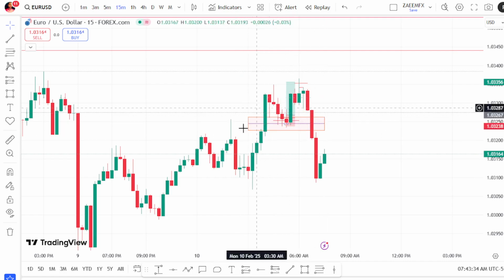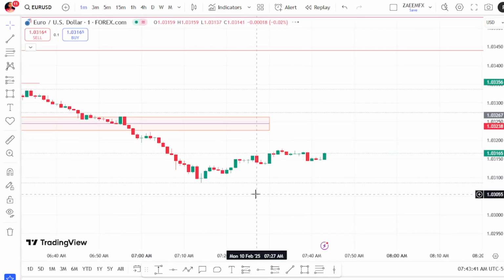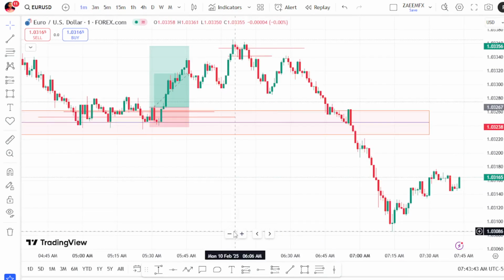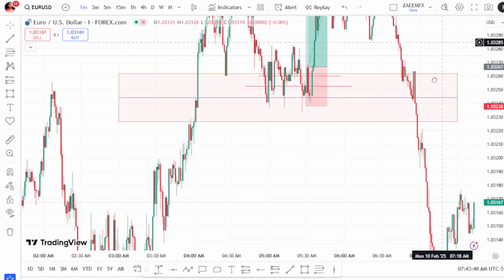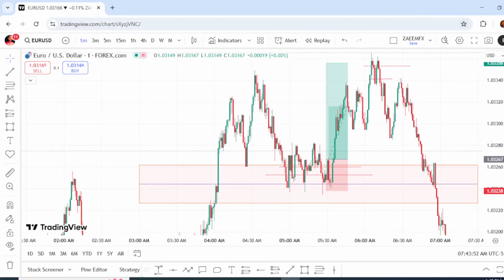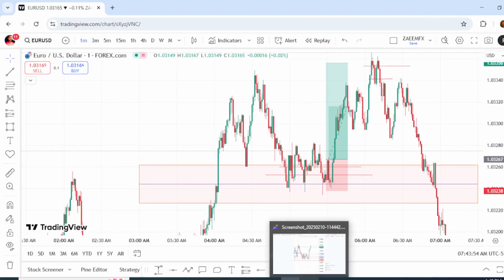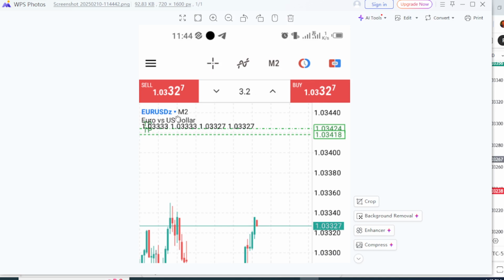So I was on this fair value gap, on M1, but on my mobile MT5 I was using the M2 time frame. That is why you could see this entry here. I entered here on the 2 minute time frame.